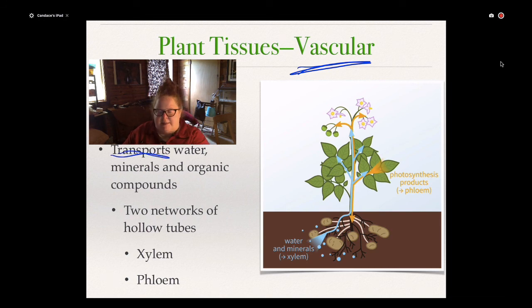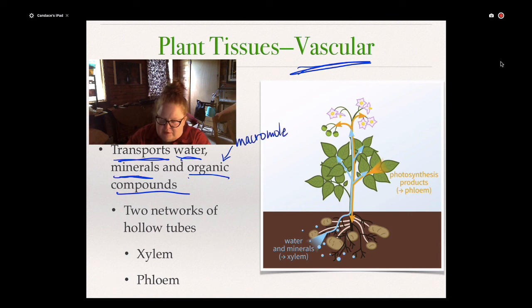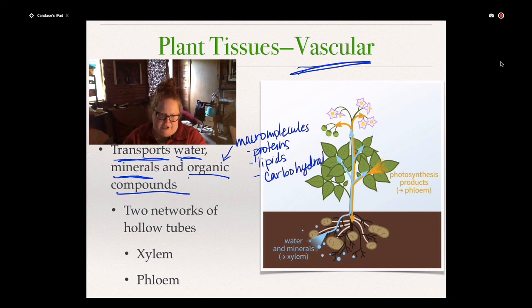But the plant doesn't have blood. It's going to transport water, minerals, which are dissolved in water, and organic compounds. Remember this term organic from way back when we talked about macromolecules or biomolecules. So this is going to be things like proteins and lipids and, very importantly, carbohydrates. That's what's going to be transported in this vascular tissue.